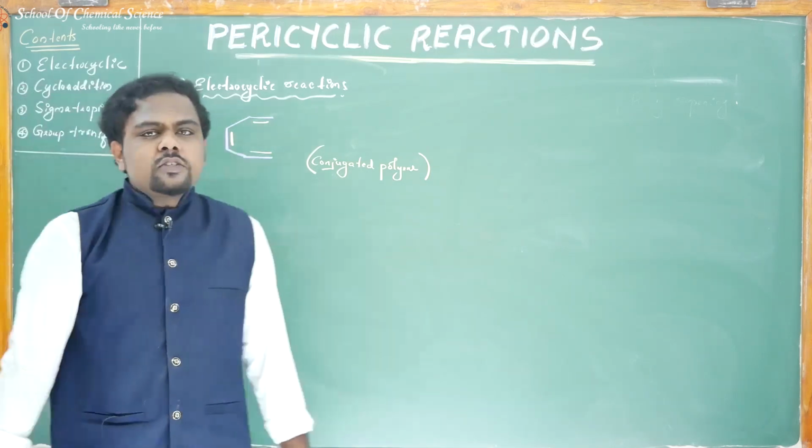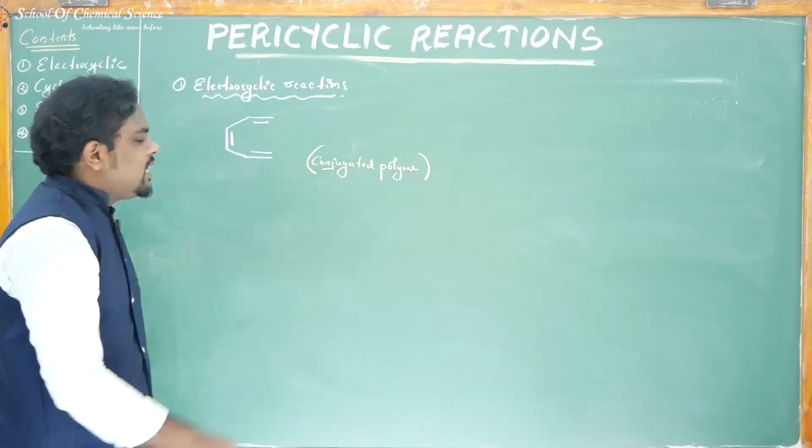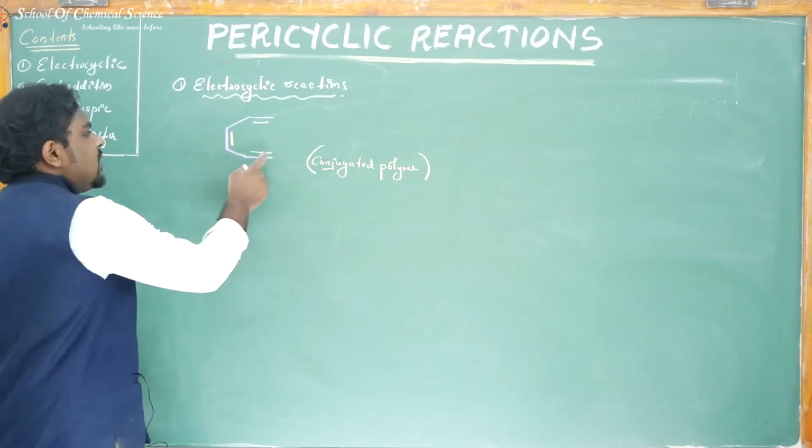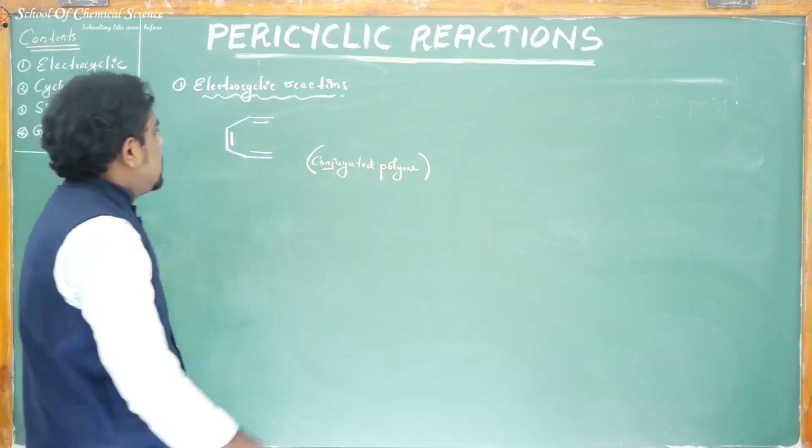So whenever there is a conjugated polyene in your question paper, that reactant shows an electrocyclic reaction.